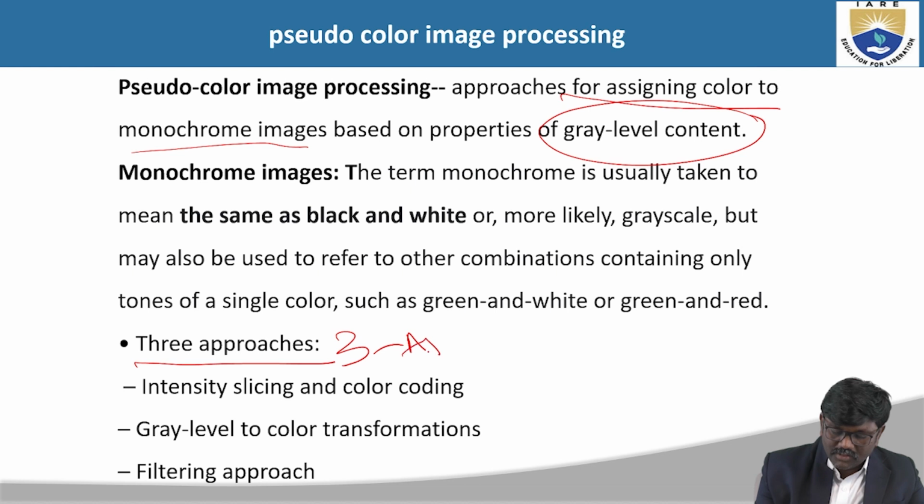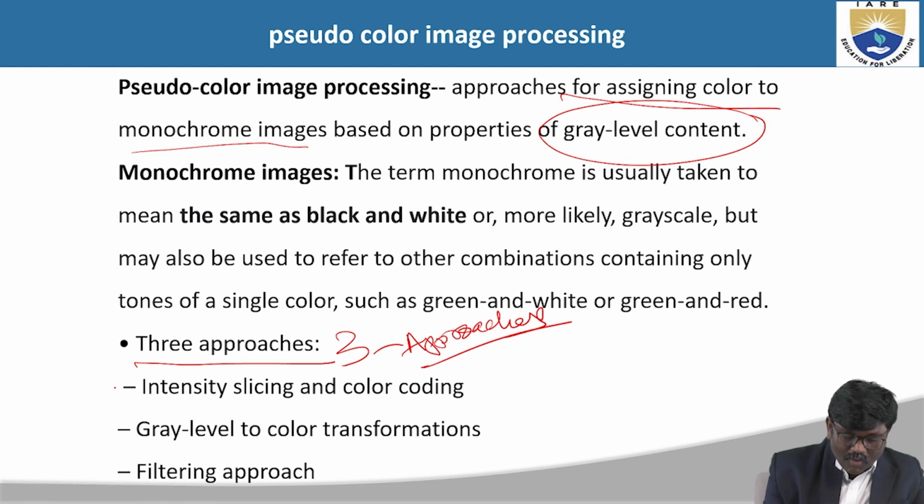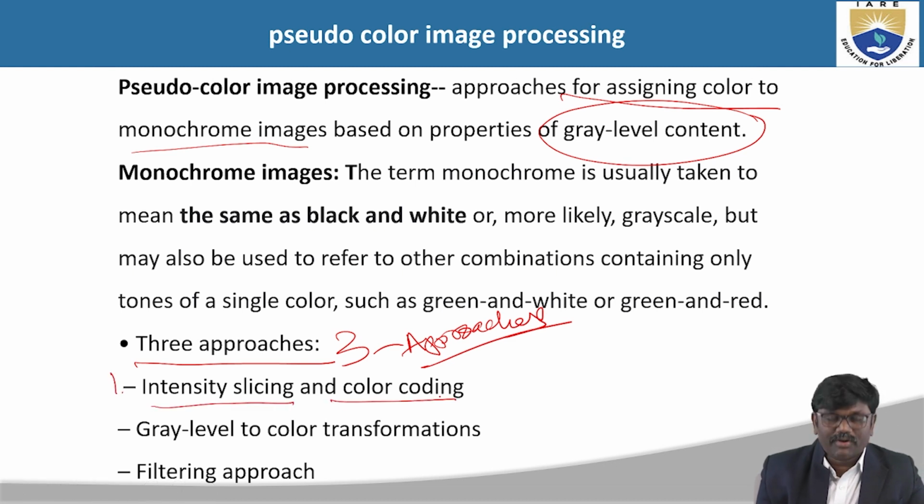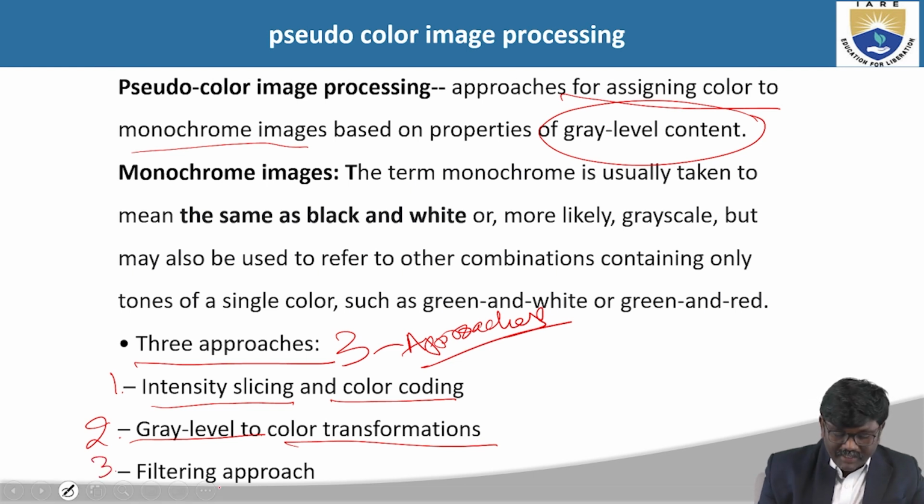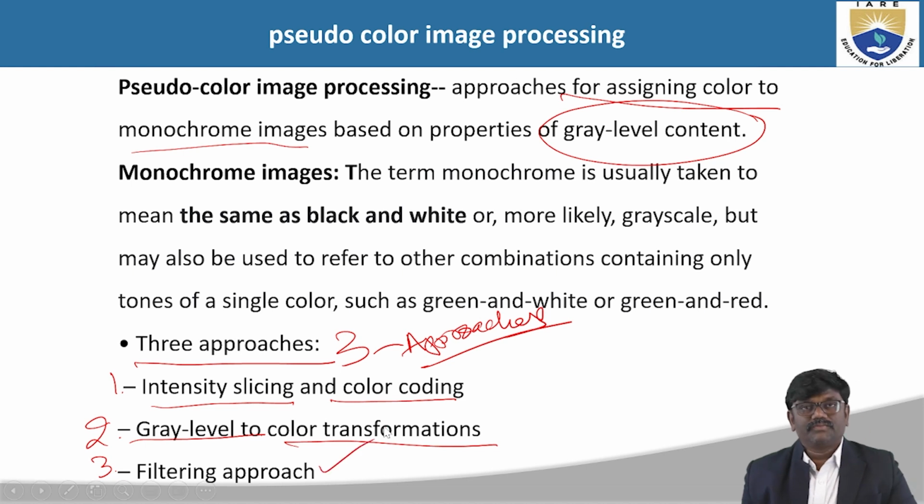We proceed in terms of three approaches. What are these three approaches? Number one, intensity slicing and color coding. Number two, gray level to color transformations. Number three, filtering approaches.